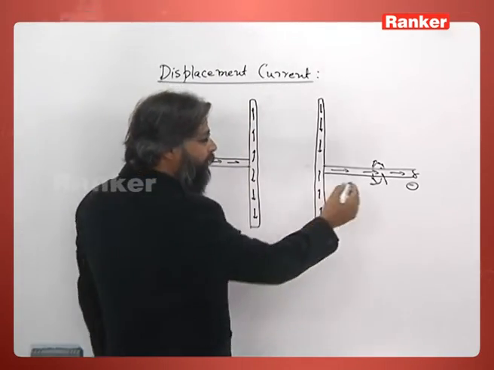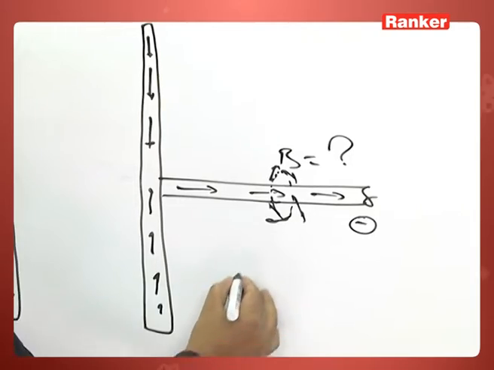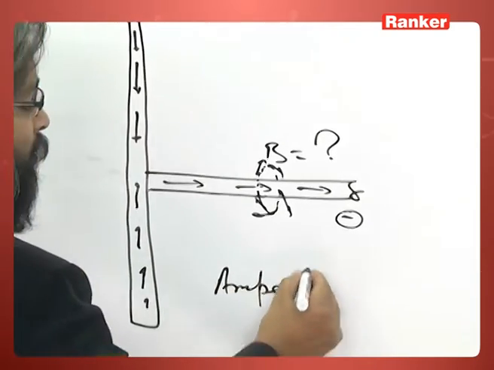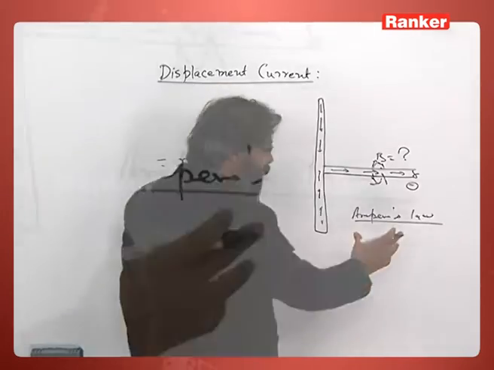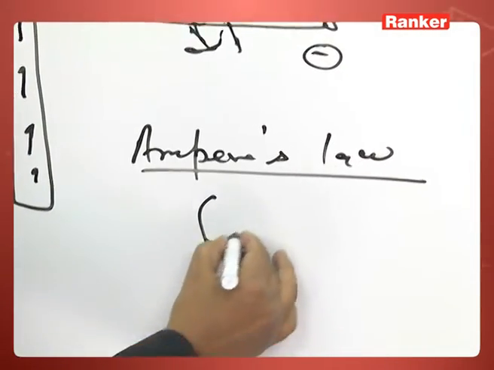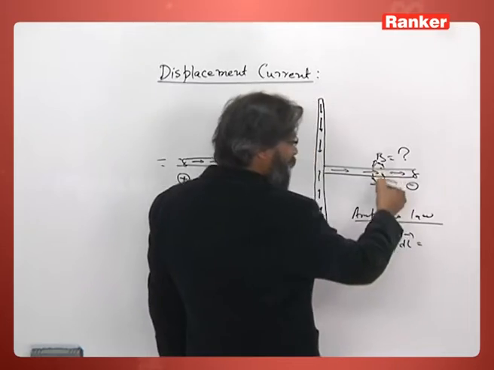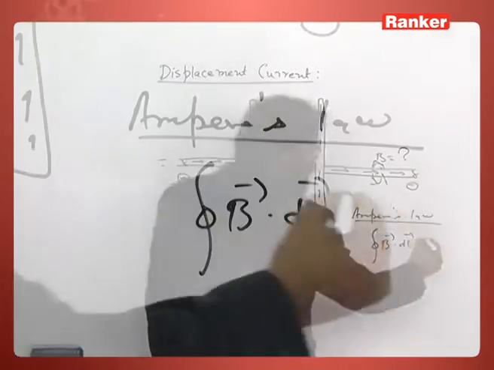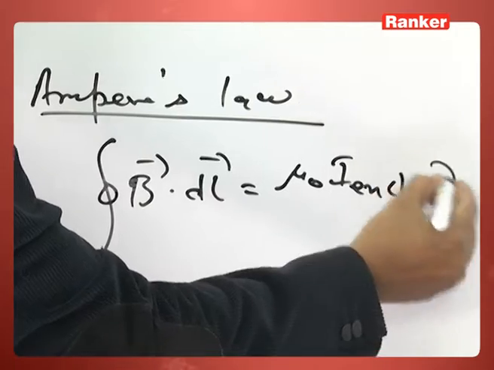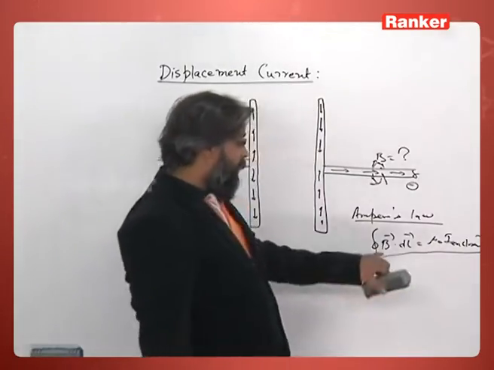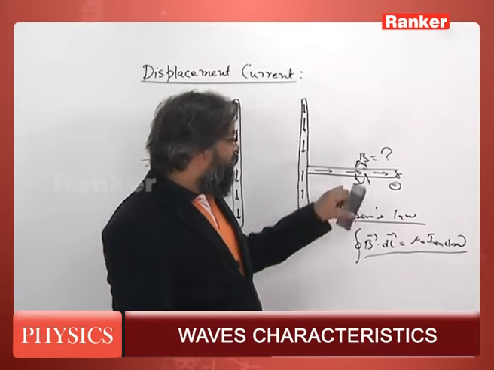That is, in order to calculate magnetic field B at this location, I am going to use Ampere's law. Now what is Ampere's law? Ampere's law tells that the line integral of the magnetic field in a closed loop is equal to mu naught times I enclosed. So we will use this to find the magnetic field at this location.